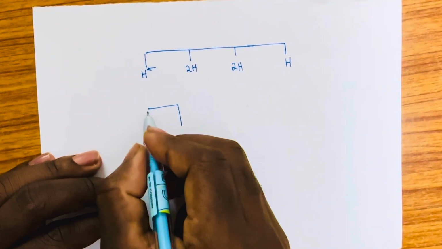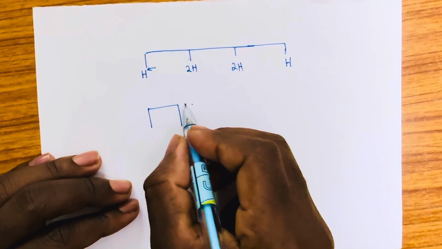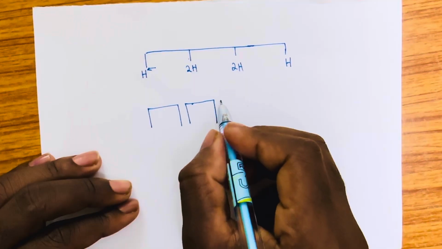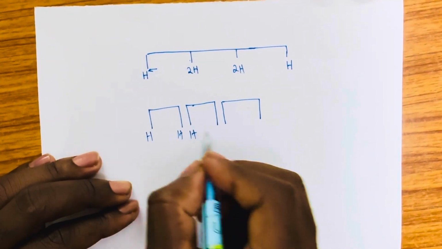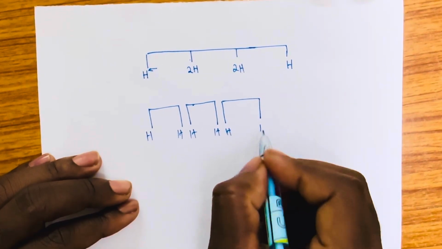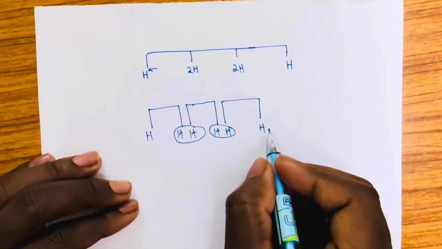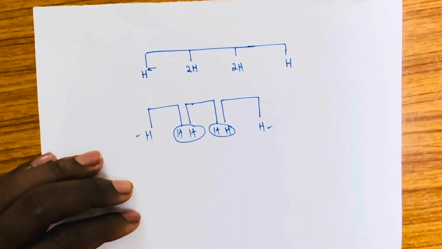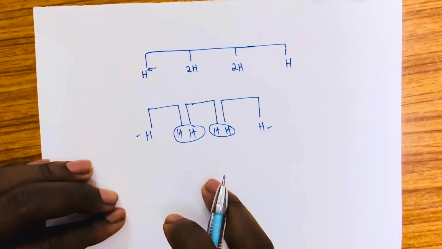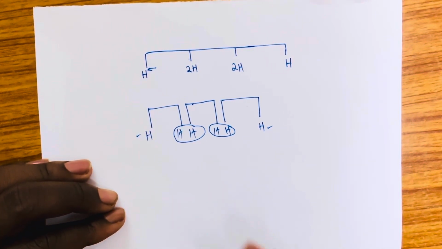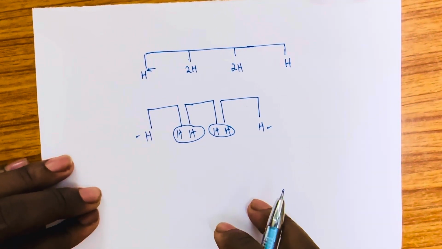You can say this one is this, then at this point there is another one like this, then at this point there is another one like this. So this is H, this is H, this is H, this is H, this is H, this is H. You find that here at this point there are two of them, but this one is one. That is the explanation for the second assumption. Now this second assumption will help us when we are determining the column shear, which is the thing we have to start doing.